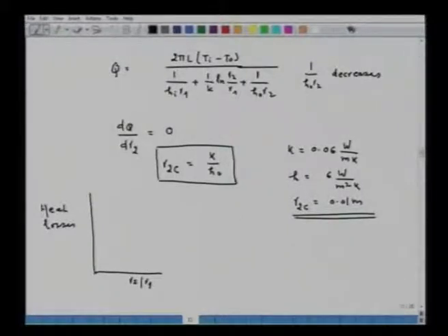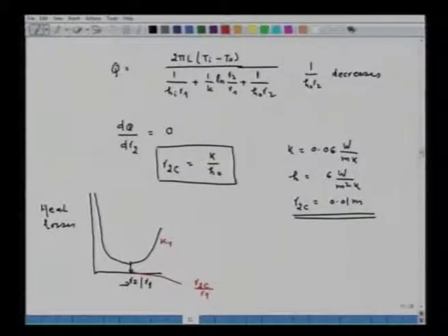As we increase the value of R2 upon R1, what will happen? The heat loss will decrease, and at some critical value beyond which it further increases. So, this value is the so called R2C upon R1. Now, this value depends upon the thermal conductivity of the material K1.